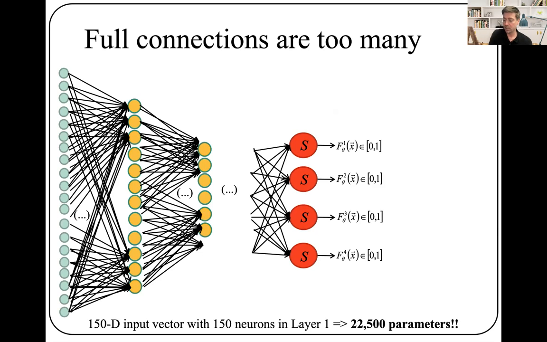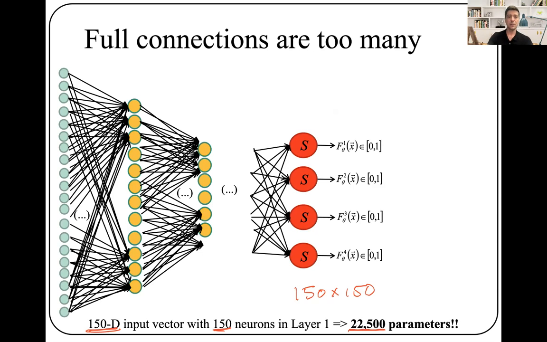Imagine that we have an input that has 150 values, so 150 dimensions in the input. And let's say that we have the same number of neurons in the first layer. So that's going to be 150 times 150 parameters, which is 22,500 parameters, if the two layers are fully connected.